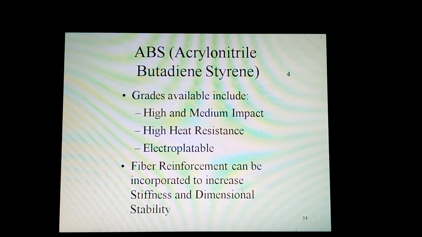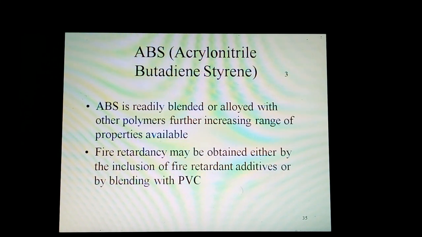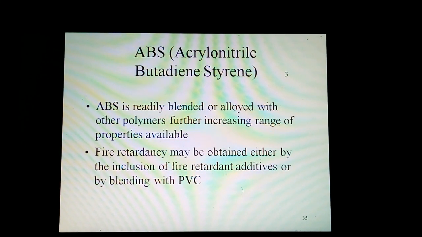Fiber reinforcement can be incorporated to increase stiffness and dimensional stability. ABS is readily blended or alloyed with other polymers, further increasing the range of properties available. Fire retardance may be obtained either by the inclusion of fire retardant additives or by blending with PVC.